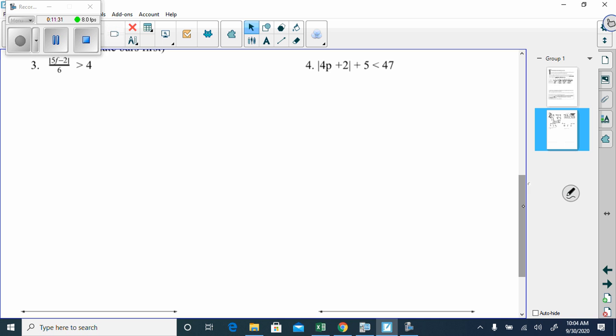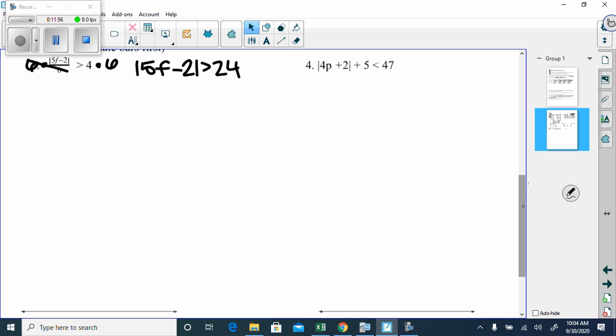So it's dividing by 6 on both sides. Alright, that's going to make these divide out. So I'm going to have the absolute value of 5f minus 2 is greater than 24. Good. And that's what I'll use for my two equations.